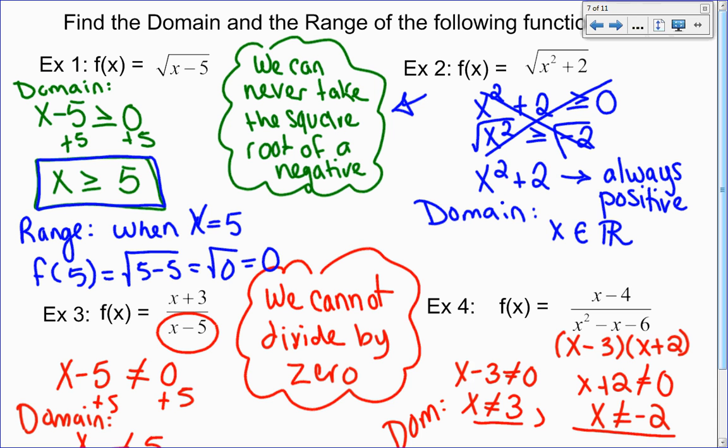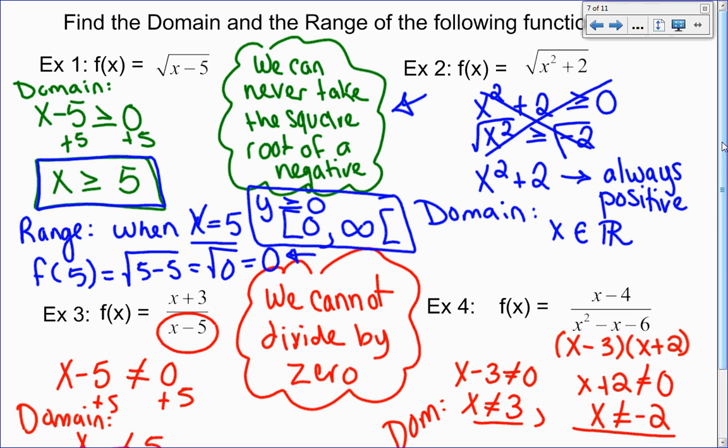So if you think about it logically, the range of this function is going to be between 0 and infinity, or that y is greater than or equal to 0. So that's our range there, because the smallest value that y can be is 0, because the smallest value x can be is 5.